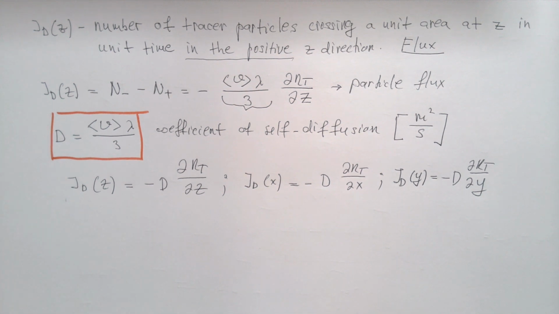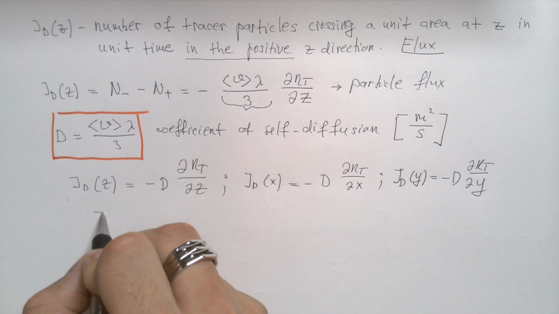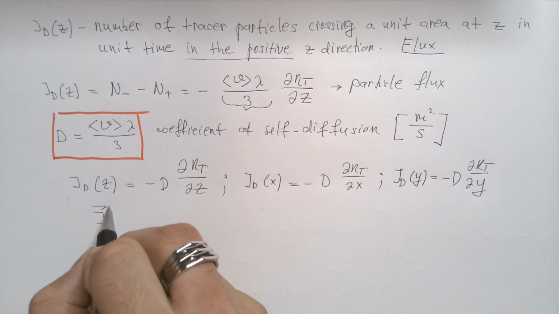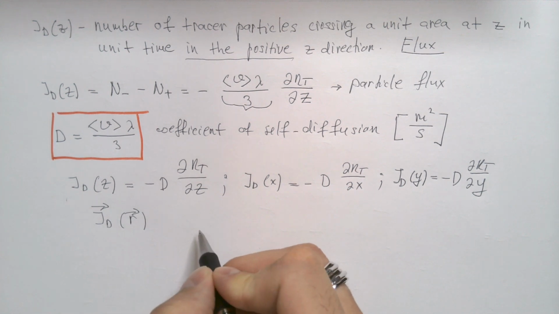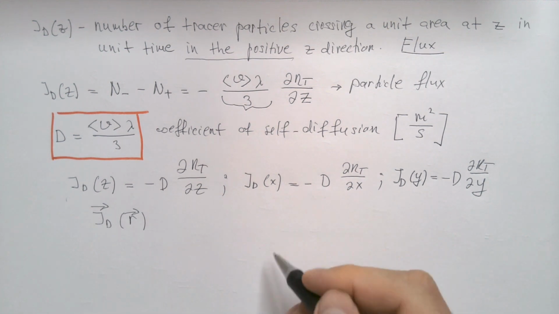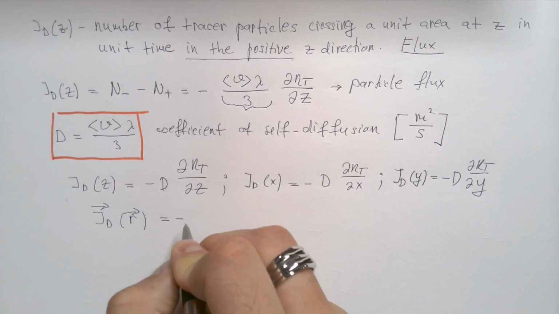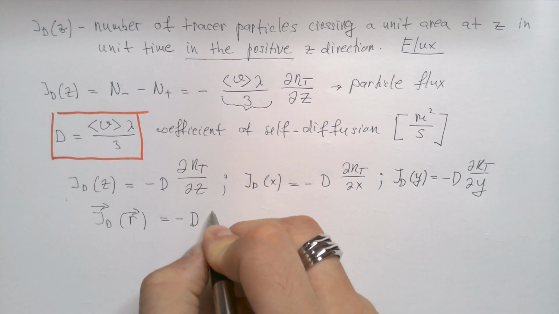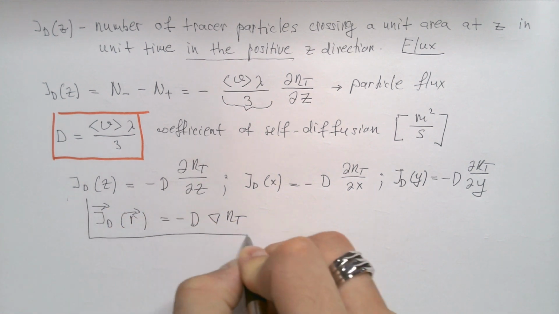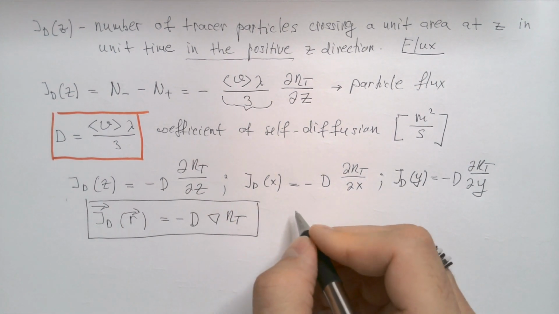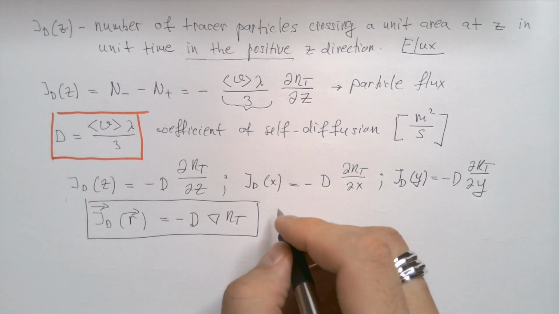Or one can combine these three expressions to get that J_D as a vector, as a function of some r that combines x, y, and z, is equal to negative D nabla n_t. And this is known as Fick's law of diffusion.